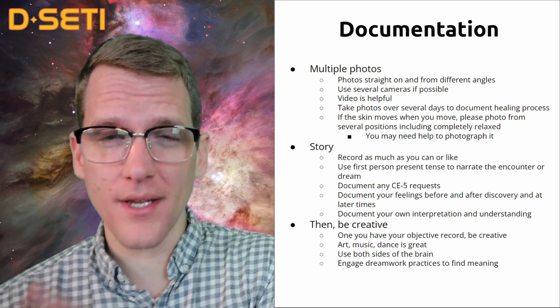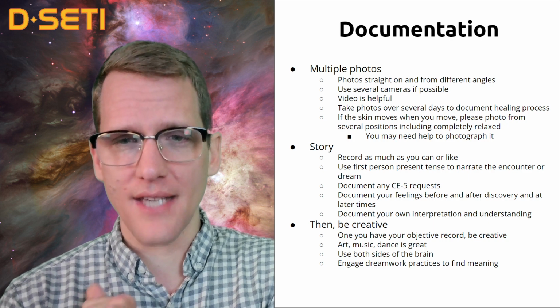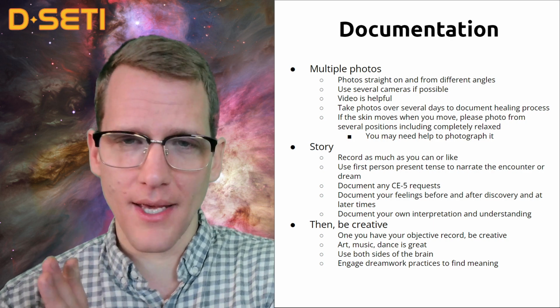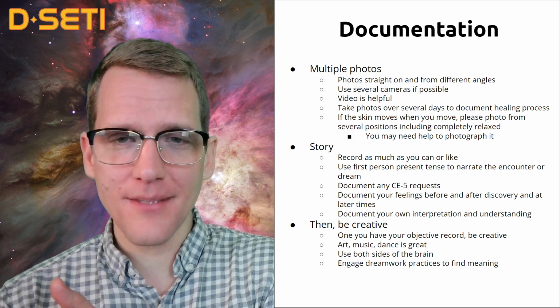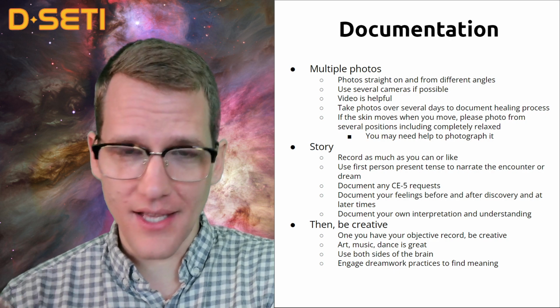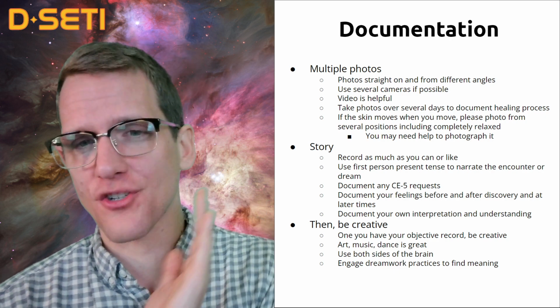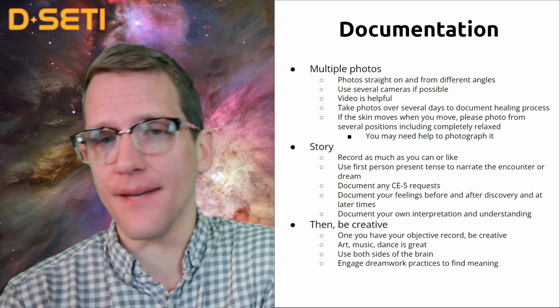Document your own interpretation and understanding. This is very, very essential, because these dreams or dreamlike experiences will give us clues as to who these beings are, what their intelligences are, and how they're expressed in the world, and what the messages actually are.